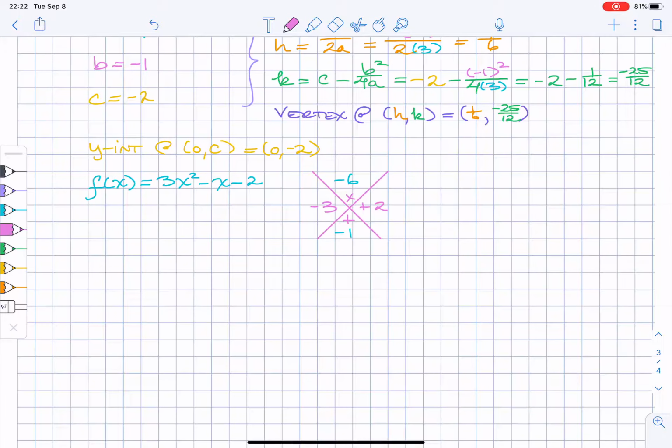Okay, so we rewrite f of x as 3x squared minus 3x plus 2x minus 2.